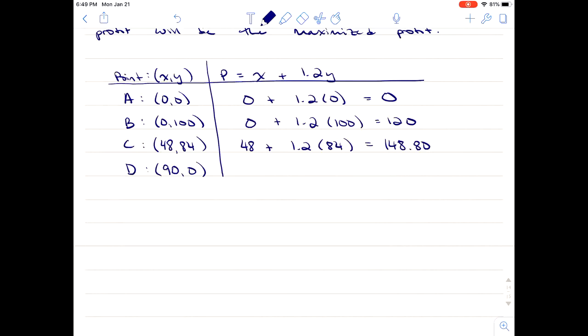That's higher than 120, so that's good. We'll check the last point. For D, x is 90 plus 1.2 times 0. That just gives us 90.